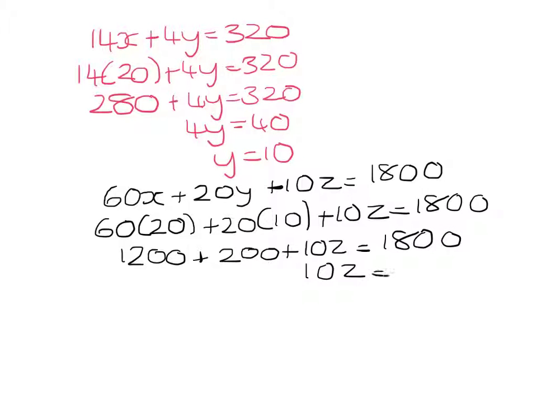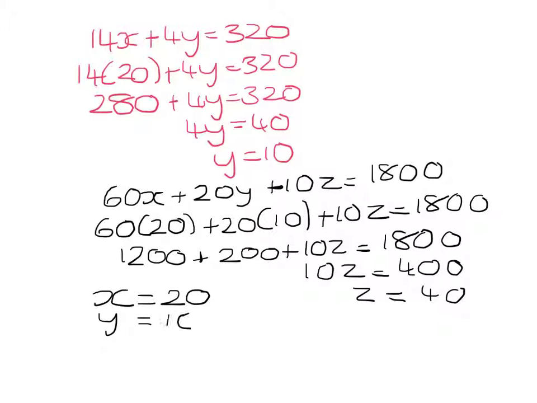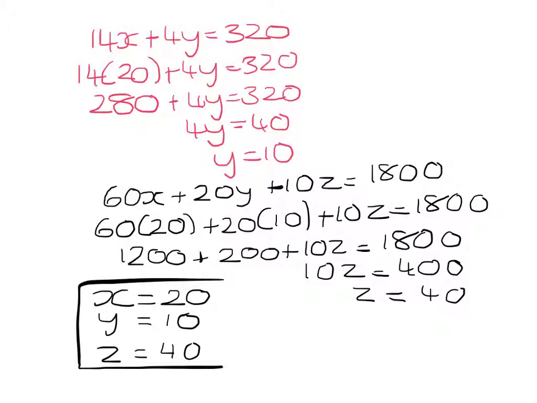So 10z must be 400, z must be 40. So we had x equal to 20, y equal to 10, and z equals 40. We'd always recommend in the examination substituting those three values into a second formula to check that they are correct.